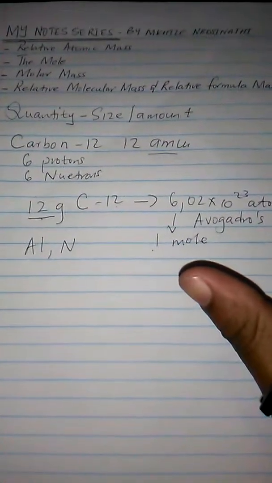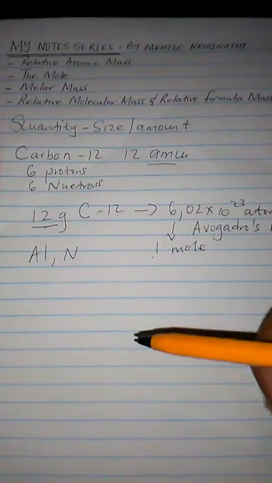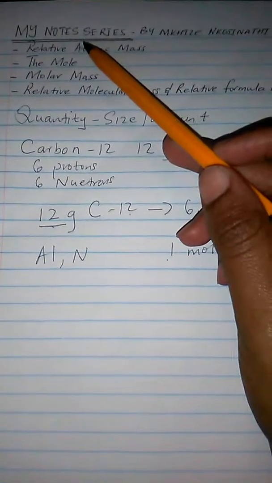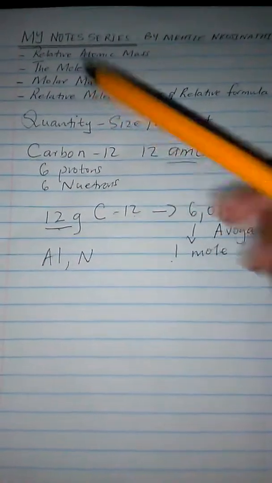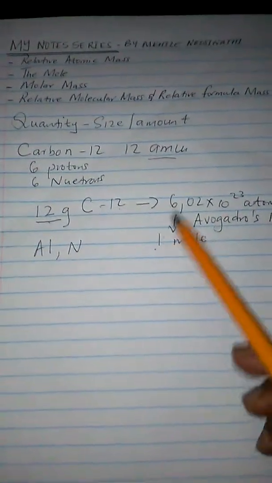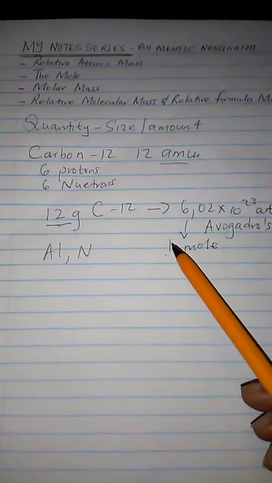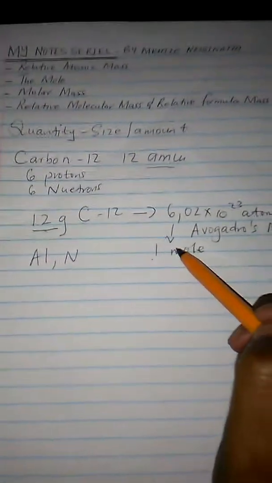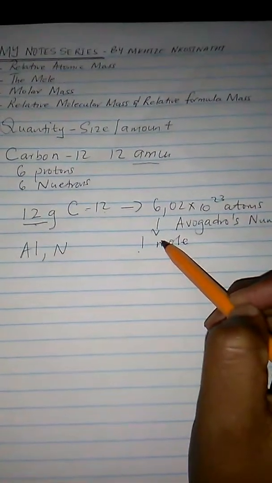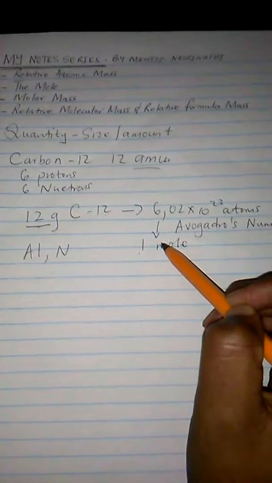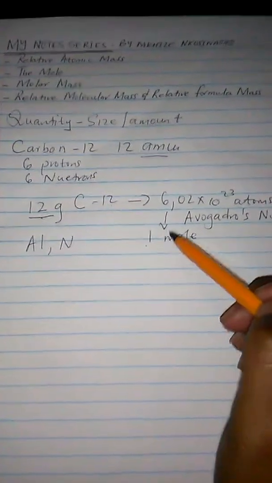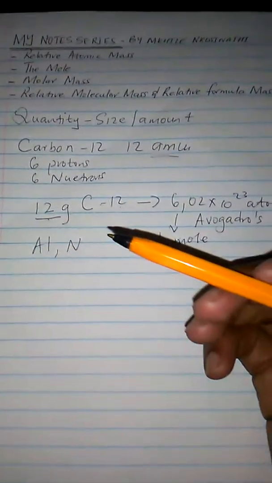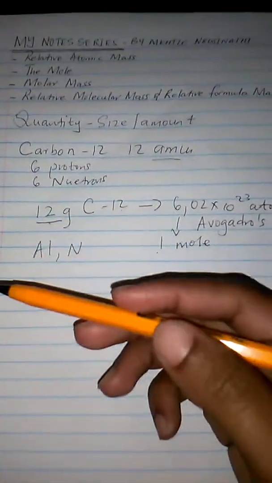So when we have discussed the mole and the relative atomic mass, the mole gave scientists another way of looking at things. They realized that each mole of a particular substance has a distinct mass. So in other words, it has a different mass. For carbon it is 12, but for hydrogen it is 1.